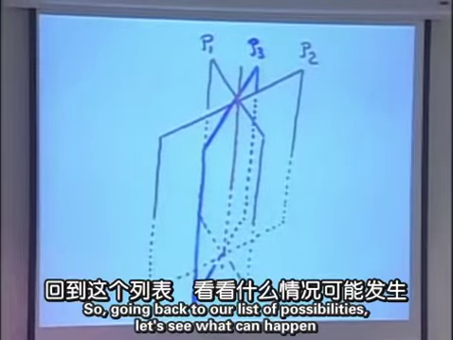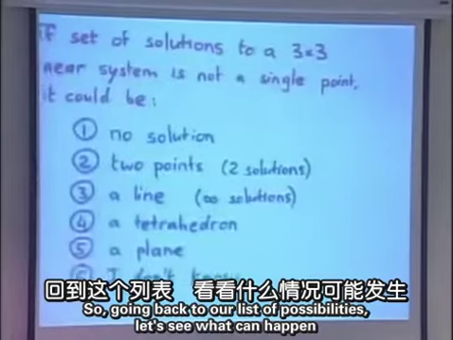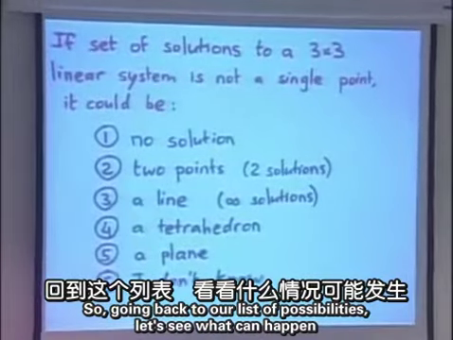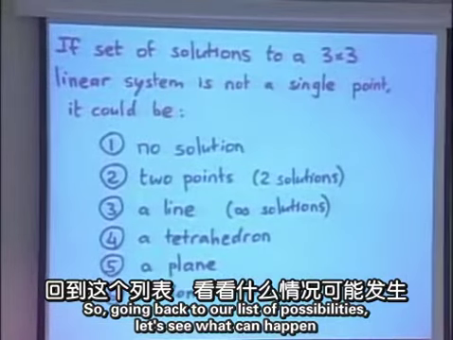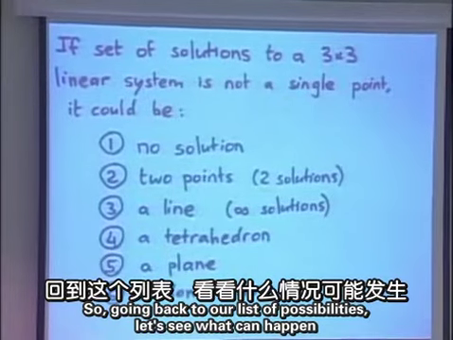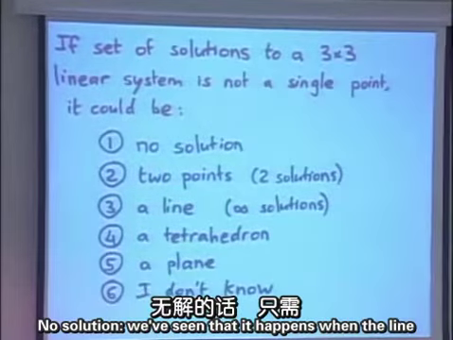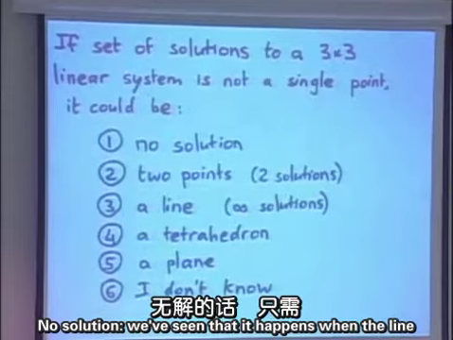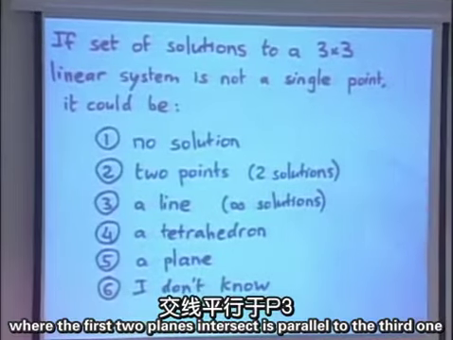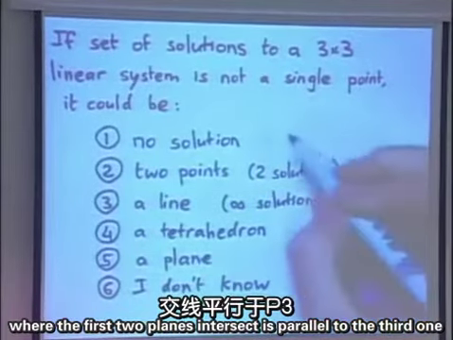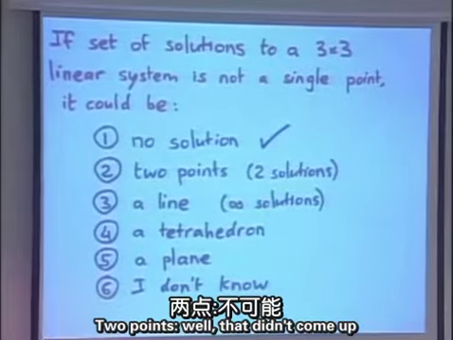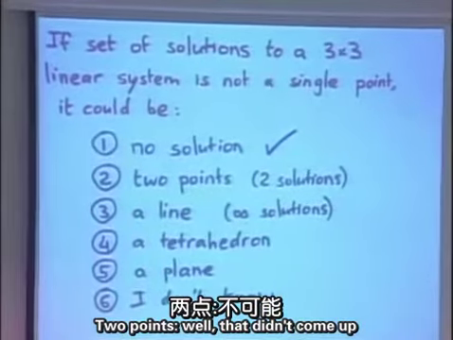Okay, so going back to our list of possibilities, well, let's see what can happen. No solution, well, we've seen that happens when the line where the first two planes intersect is parallel to the third one. That exists. Two points, well, that didn't come up.